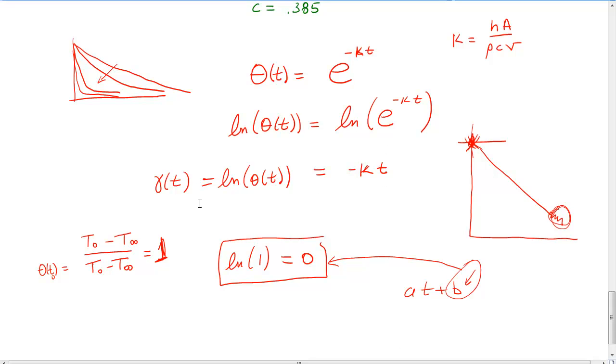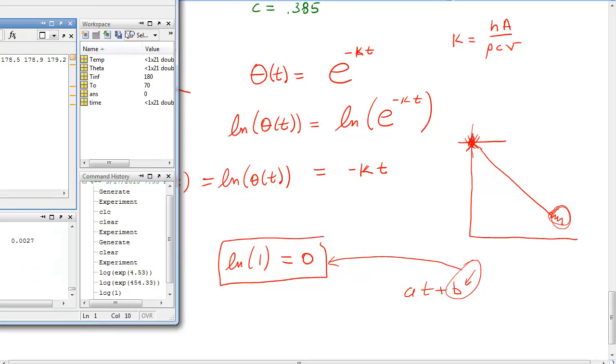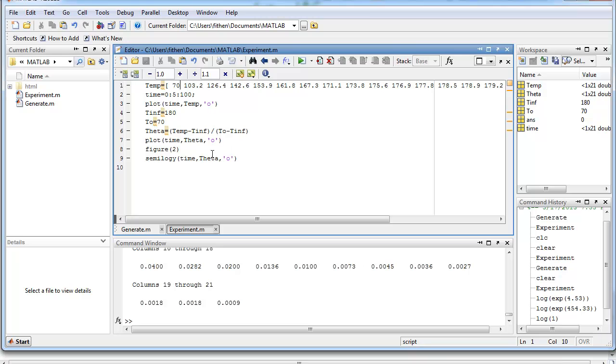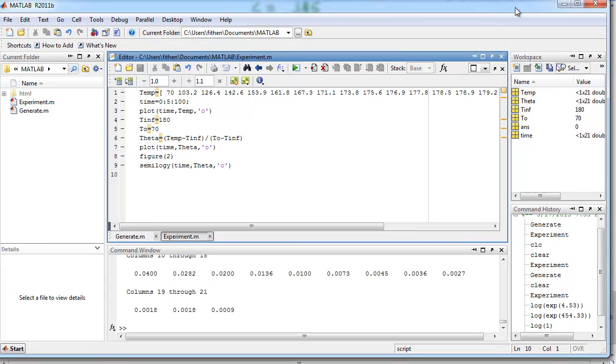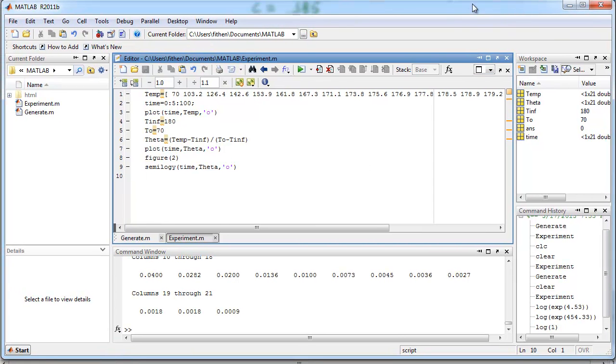Now, here's what a proposal might be. To go ahead and find theta, and we do so. We find our theta right here and look at it as a function of time. But transform it. What I mean by transforming it, let's take a look.